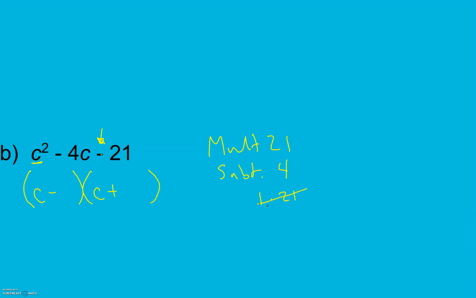Options 1 and 21 subtracts to 20. That doesn't work. 2 doesn't work. 3 and 7. So when I subtract here, I get 4, which is perfect, what we're looking for. 7 is my bigger number, so it gets the sign in the middle, and I have minus 7 and plus 3. Again, we can FOIL these to double check. C squared plus 3c minus 7c is minus 4c, and then minus 21.